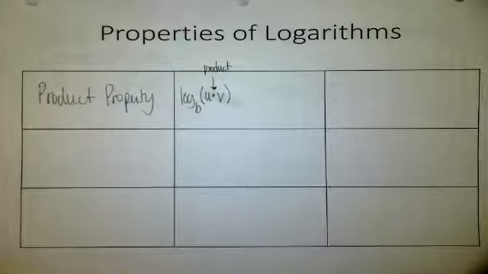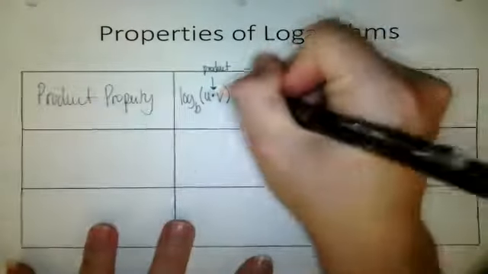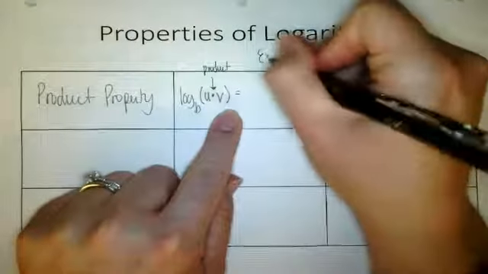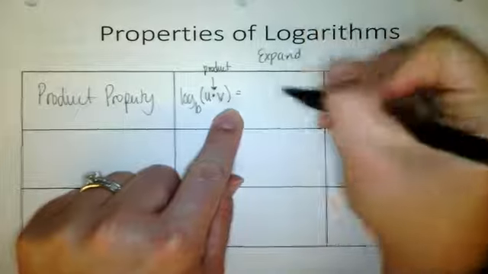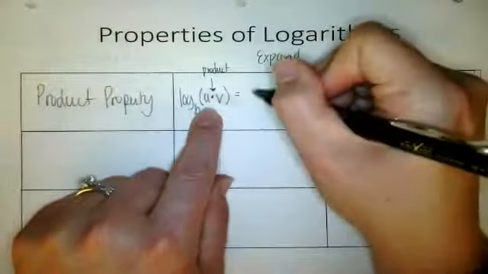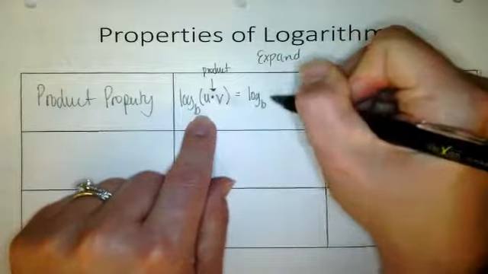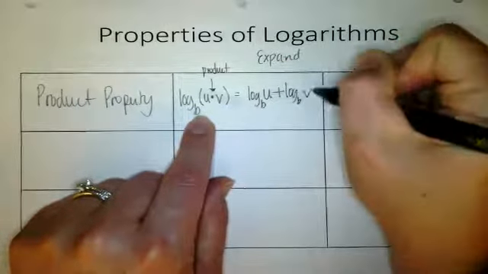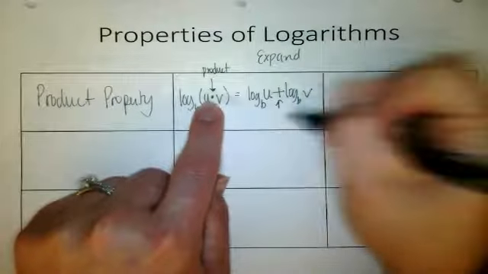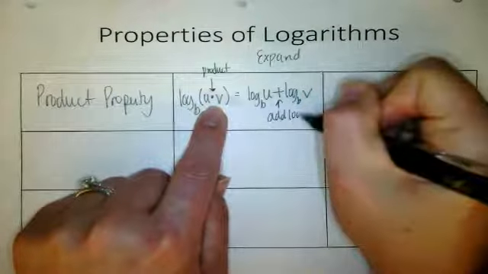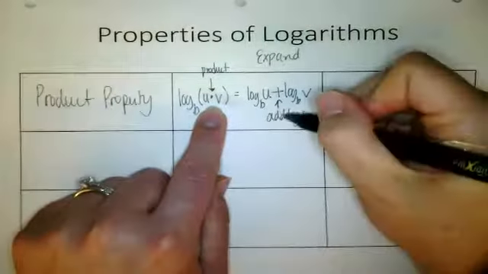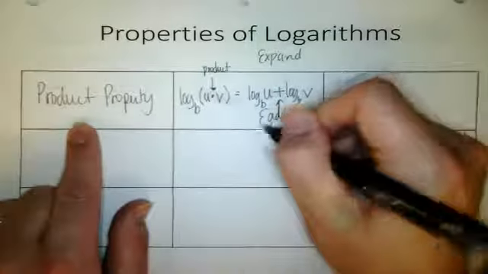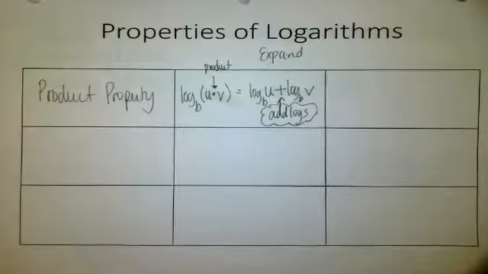We have a product trapped inside of a log, then we get to expand using the addition of the logs. We get to say log base b of u plus log base b of v. If you have a product, then you get to add the logs. That is the product property. The product property says we get to add the logarithms.